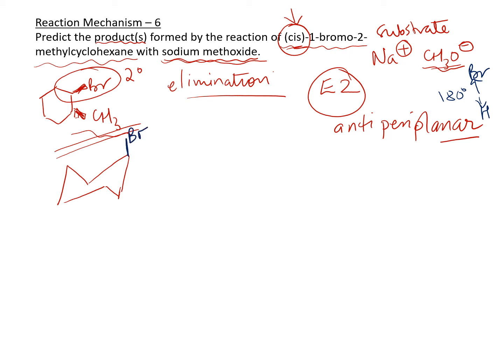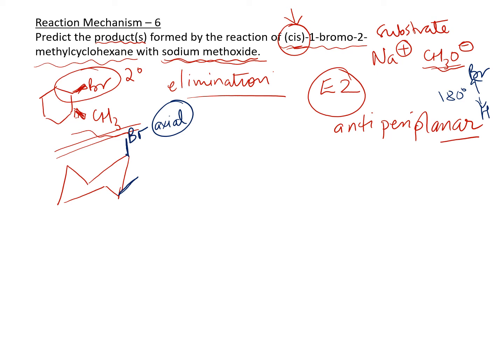Remember, your leaving group always has to be axial; it cannot be equatorial. So I always start with my axial on the top right corner. Here is the axial bromine. Now the methyl group is going in the same direction, which means it's also going up, so this is the methyl group. This is the cis relationship that we have.